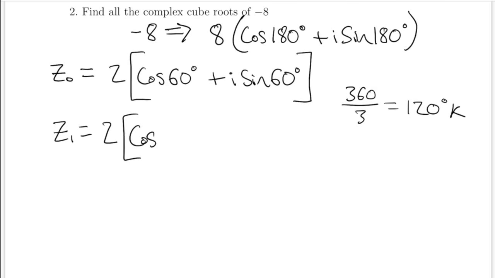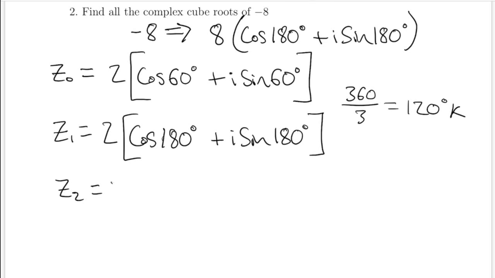You'll see it makes this process a lot quicker because now I can just write this as 180 degrees, because that's 60 plus 120. And then my next root is going to have 300 degrees in the argument. And what's out in front here always stays the same, so I don't need to change this at all, right? Because that's just the nth root of r, which never changes.